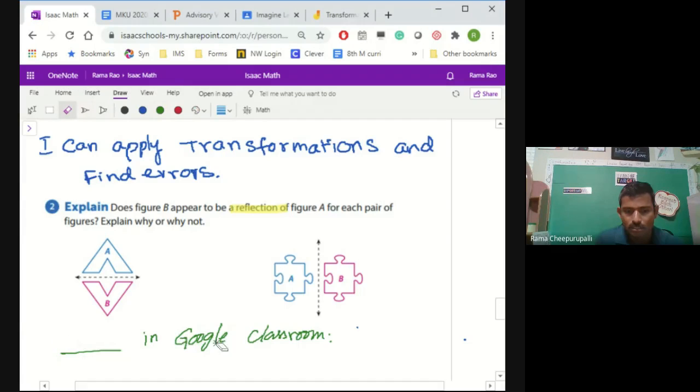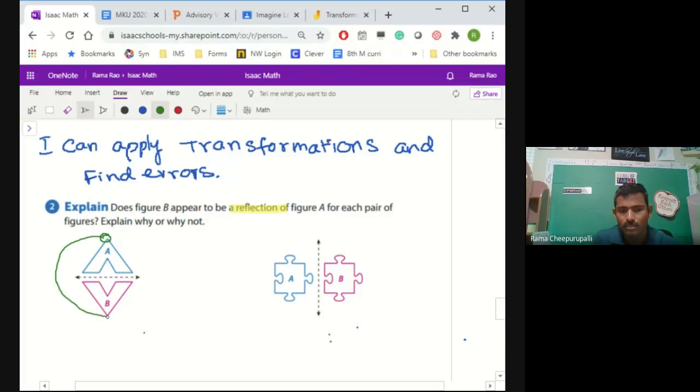Okay. So now let's look into this question right here. Now let's go ahead and see which one does make sense and answer them. Let's look at it. Now the first one definitely looks like a reflection. That would be because I can see the tip is reflected to the tip right here, okay? So that's a reflection, that's good.